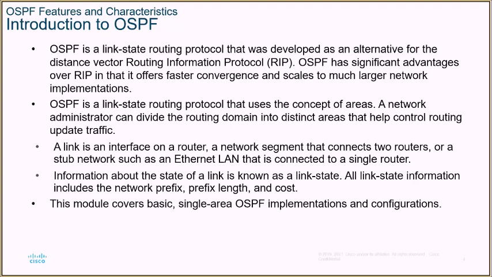So OSPF is link state, which basically means it knows all the information before it makes routing decisions. While distance vector routing protocols are often called routing by rumor. Basically, all a distance vector protocol knows is how far it is to a destination network, and which link is the next hop, and that's all it knows. So that's why they sometimes call it routing by rumor.